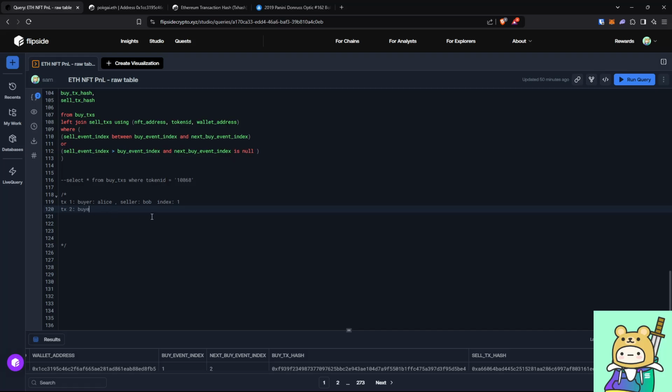So because Alice bought, the seller is now Alice, and the new buyer, maybe let's call them Cat. And then this would be index 2 because now for the same NFT, this is the second sale that occurred after the first. And then transaction 3, let's say Alice buys it again from Cat.